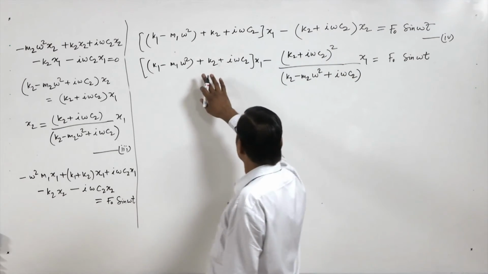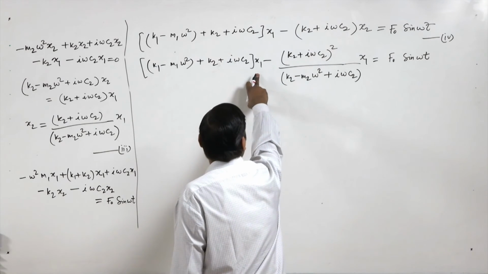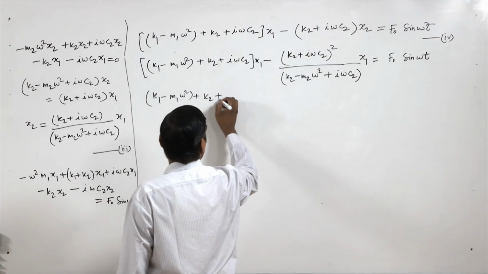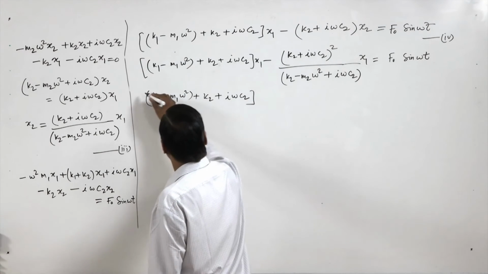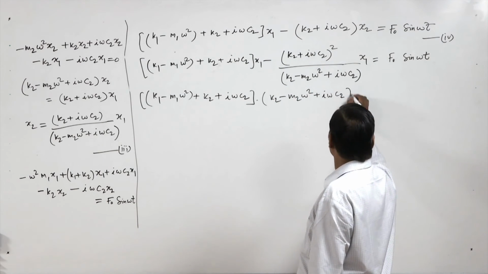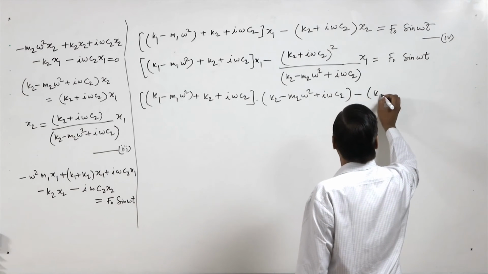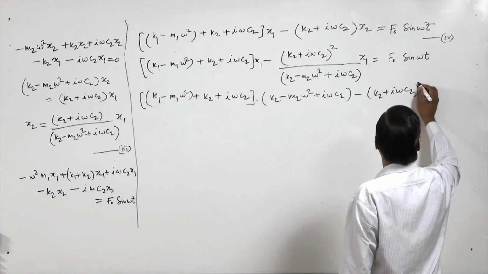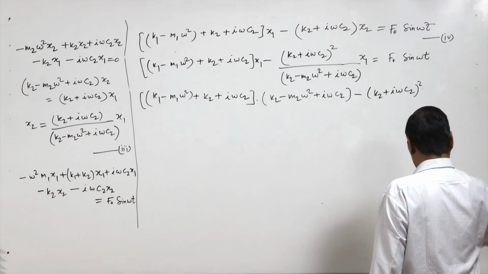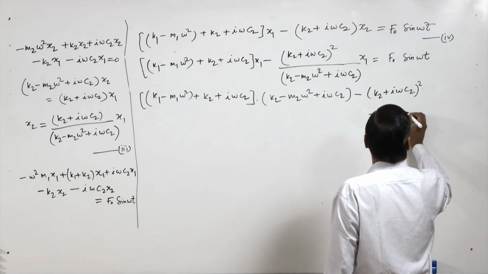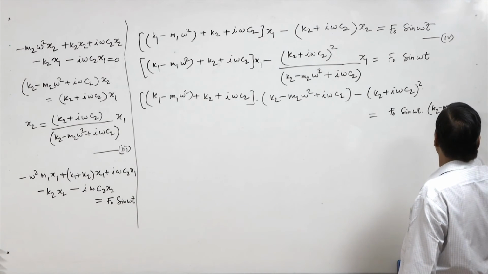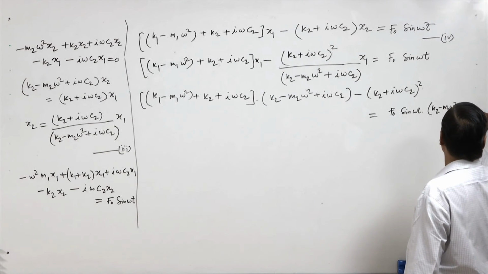So we will have (k1 minus m1 omega squared plus k2 plus iω c2) into (k2 minus m2 omega squared plus iω c2) minus (k2 plus iω c2) whole squared, and this is equal to F0 sin ωt into (k2 minus m2 omega squared plus iω c2).